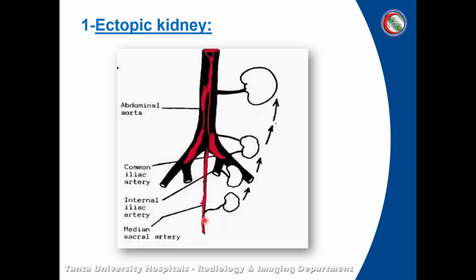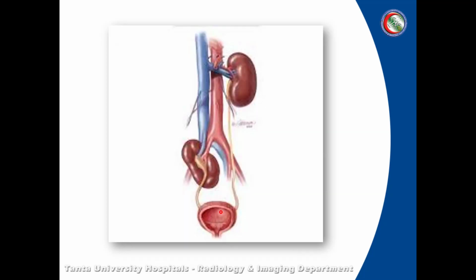If there is arrest of this process in the fetal life, the kidney will be ectopic in its position, maybe in the pelvis, slightly upwards in this pathway, but it's very common to be ectopic in the pelvic region, like this condition.